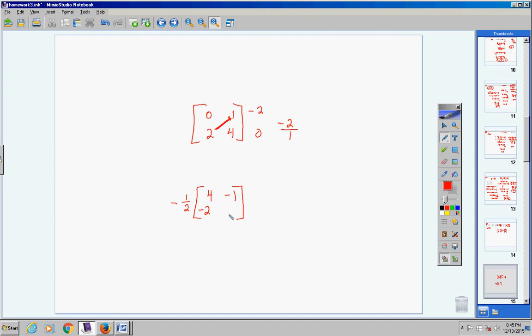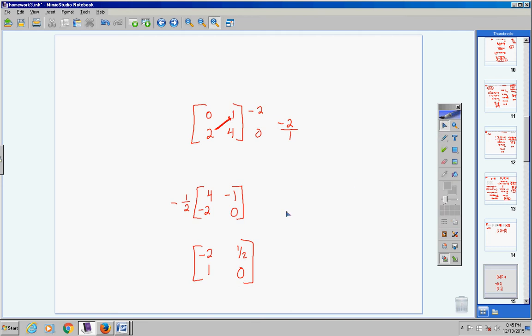So 4 goes up here. 0 comes down here. Now take your negative 1/2 and multiply it through. Negative 1/2 times 4, negative 2. Negative 1/2 times negative 1, positive 1/2. Negative 1/2 times negative 2, positive 1. Negative 1/2 times 0, 0. So there you found the inverse matrix. Got it? You found the inverse matrix.